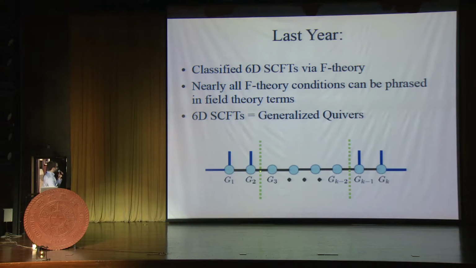And they're connected by these black lines, which represent bifundamental hypermultiplets and more complicated configurations of matter called conformal matter. The quivers are very simple. There's some decoration allowed on the far left and the far right, but the interior is completely fixed, and there are no loops.